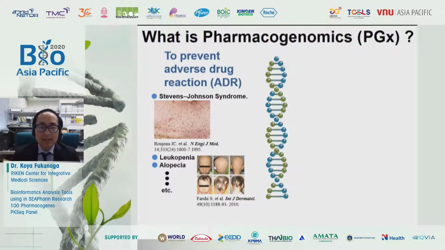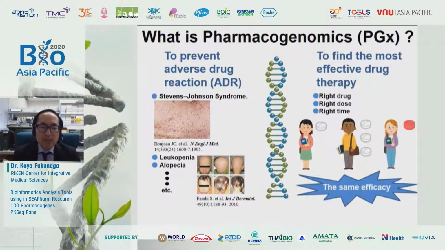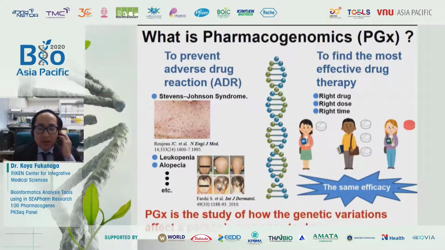Therefore, there are two groups of patients, those who experience ADRs and those who do not. We aim to determine which group a patient will be in before they receive a medicine by identifying the genetic variations associated with ADRs. This is PGx. So PGx is the study of how genetic variants affect a person's response to drugs.